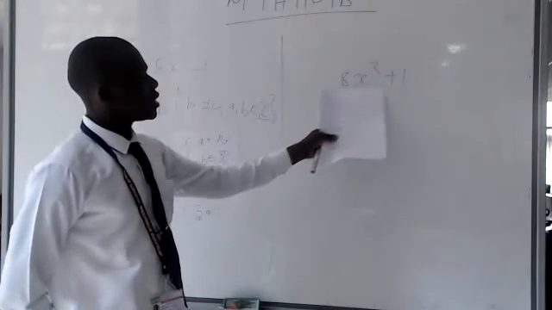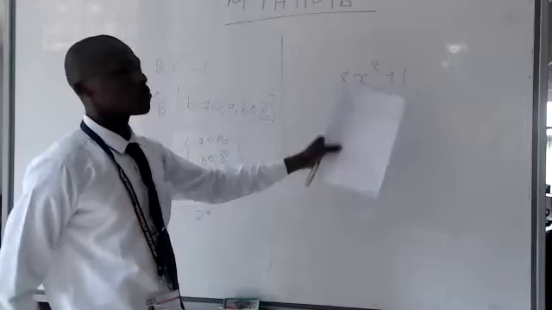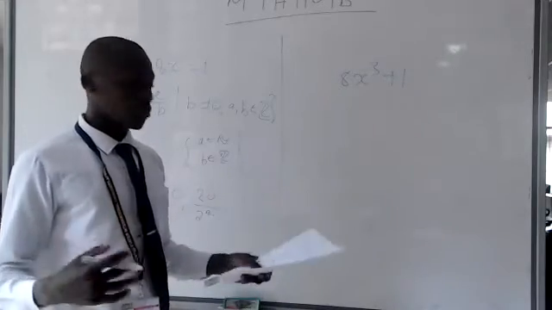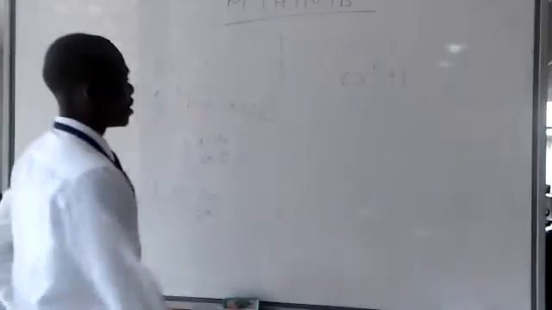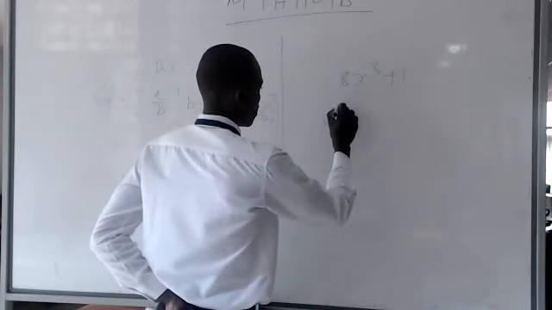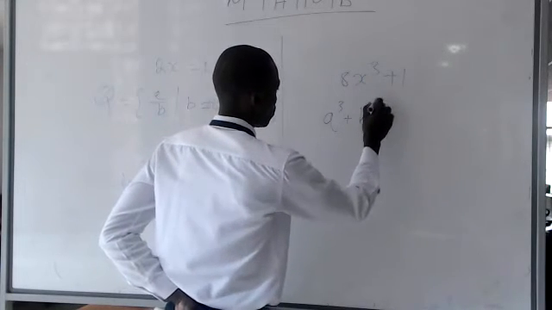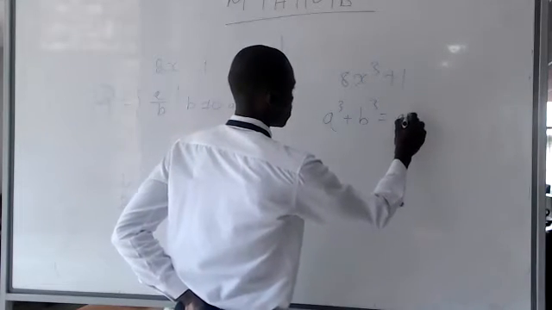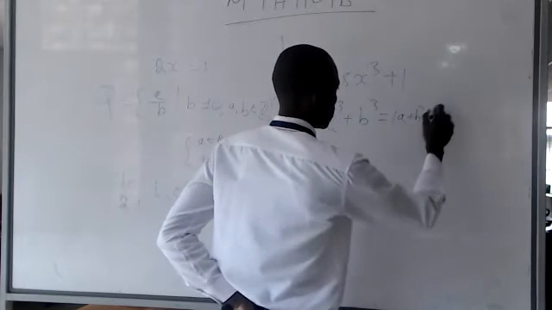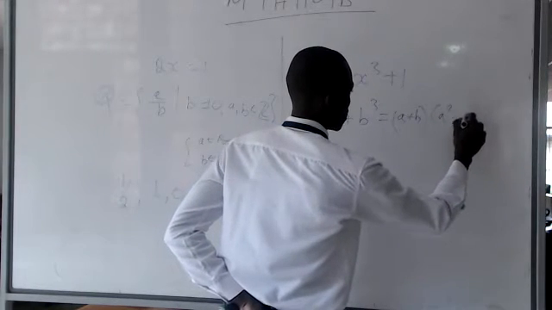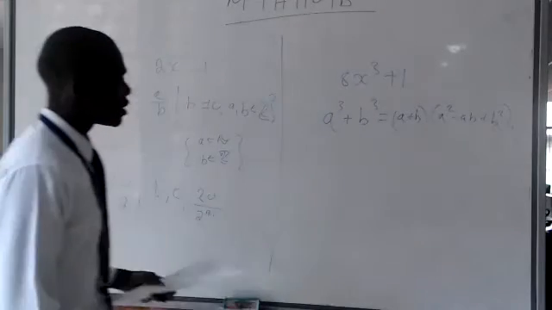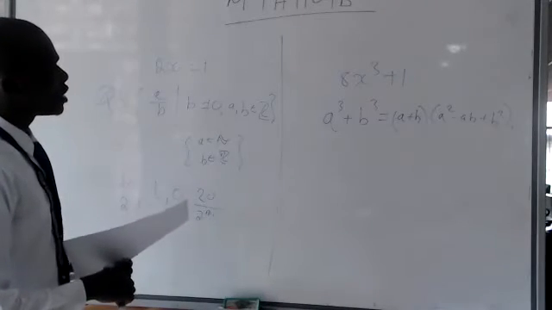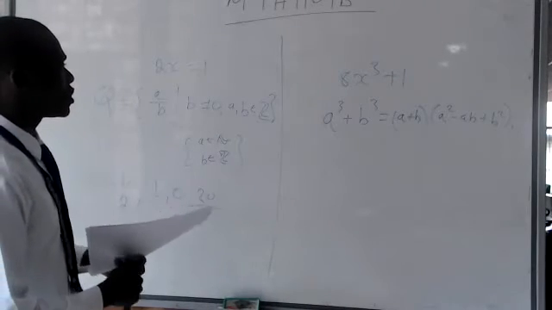You are supposed to write this polynomial of order 3 as a product of polynomials of lower orders, so order 2 or 1, even constant. Now you need to remember this identity. A cubed plus B cubed is A plus B multiplied by A squared minus AB plus B squared. We proved this in class. So this is the identity you're expected to use.